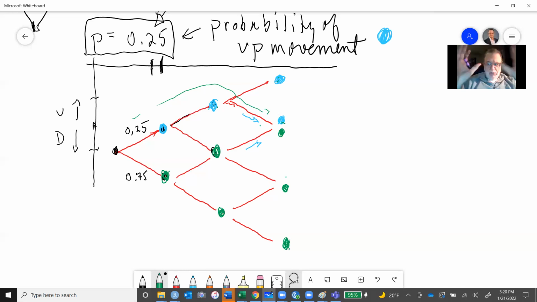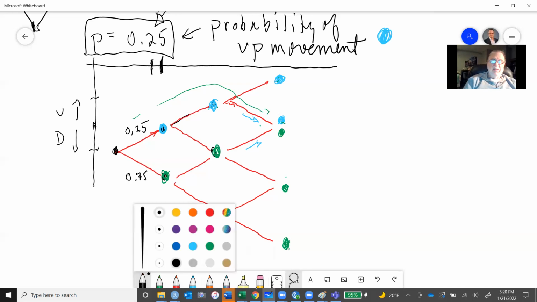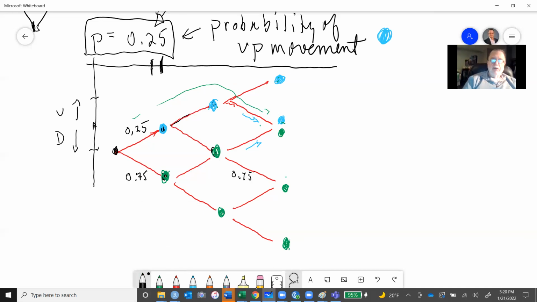Okay. More words. But all down movements on this graph are going to be occurring at a rate of 75% of the time, according to this hypothesis number 2.